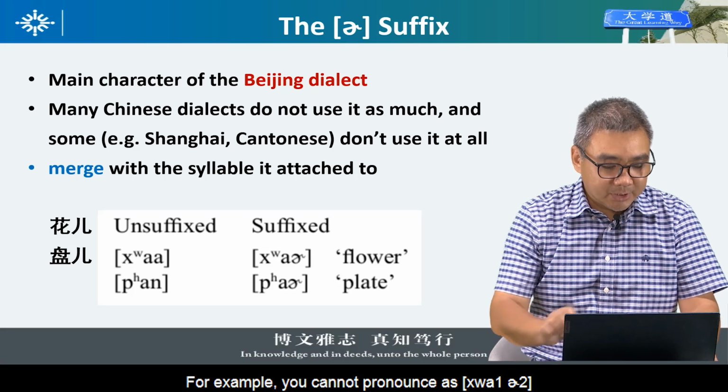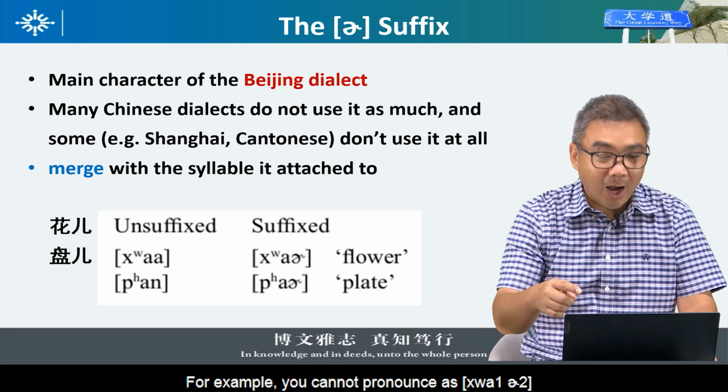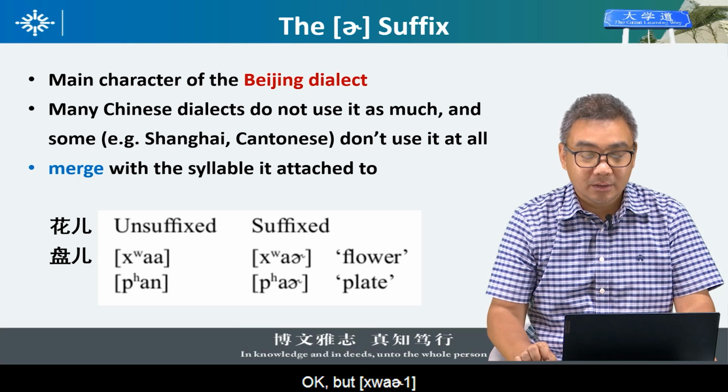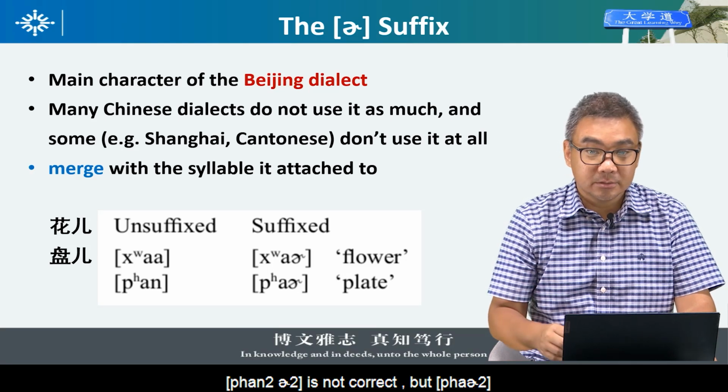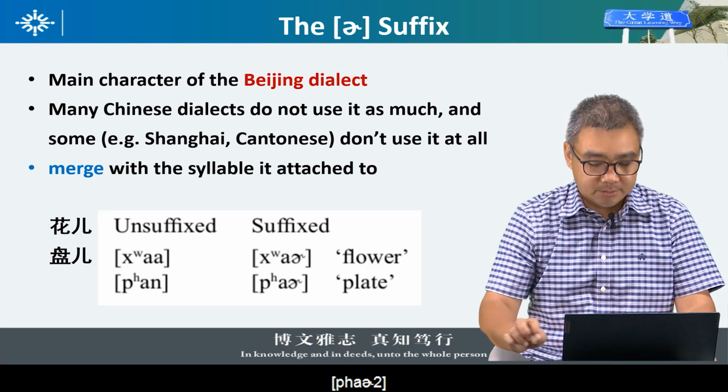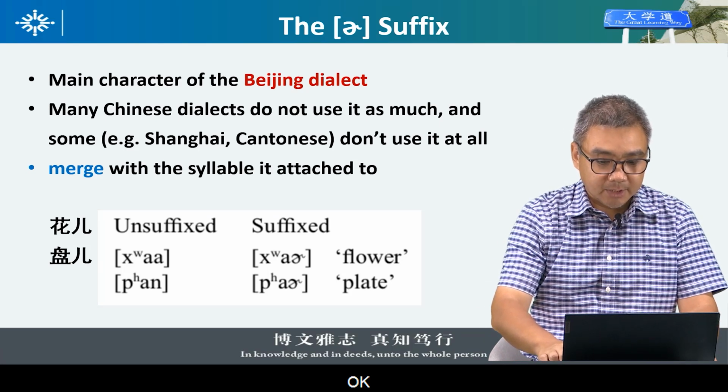For example, you cannot pronounce it as hua, pan, which is not correct, but par.